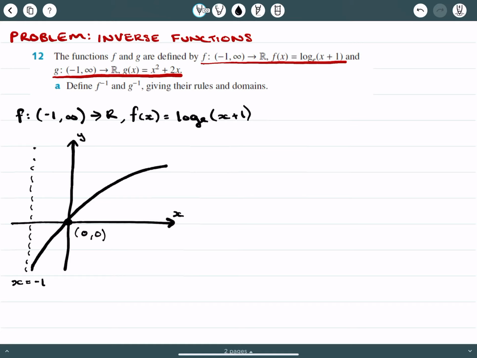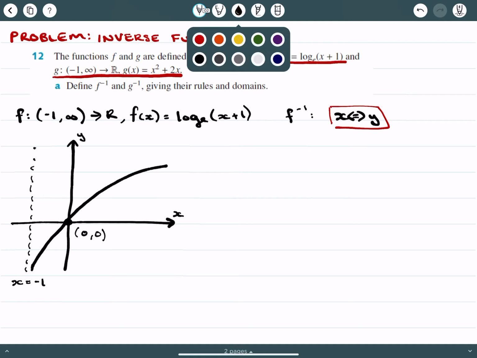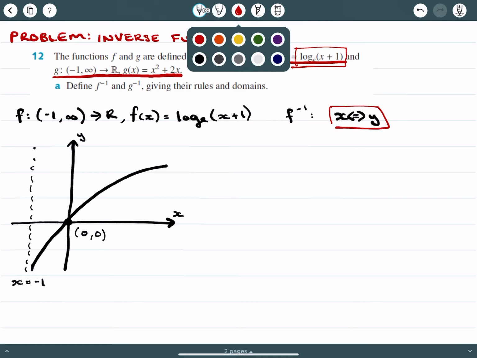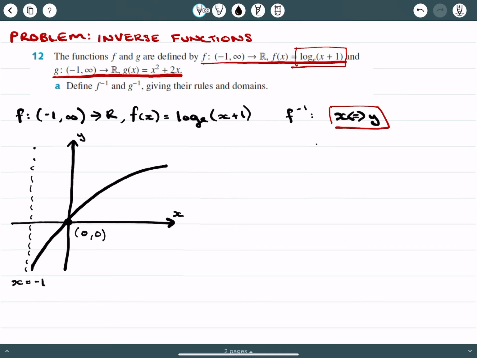Now, for the inverse function, what I'm really doing is swapping the independent and dependent variables, x and y, and then resolving so that it is in terms of y. So I rewrite it as x = log_e(y + 1), and resolve with respect to y.